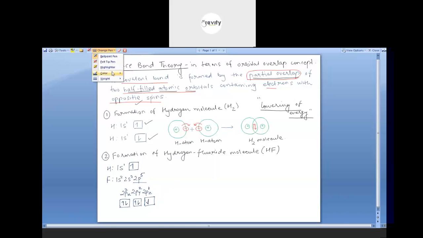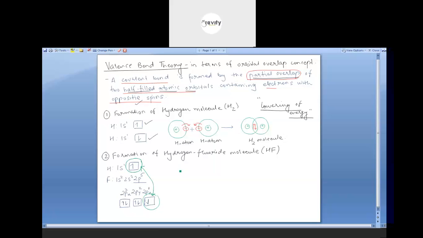Now this half-filled orbital of the fluorine and this half-filled orbital of the hydrogen are going to undergo the partial overlapping and will lead to the formation of the molecule.